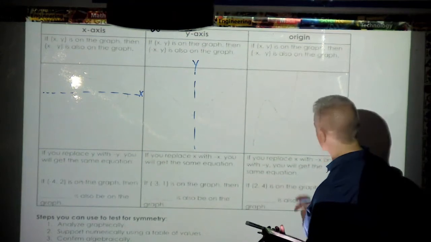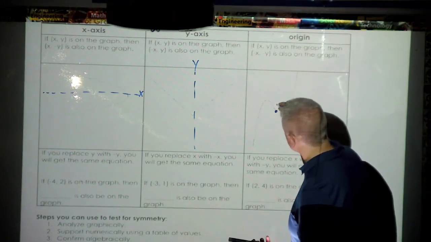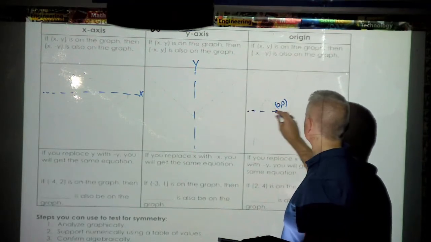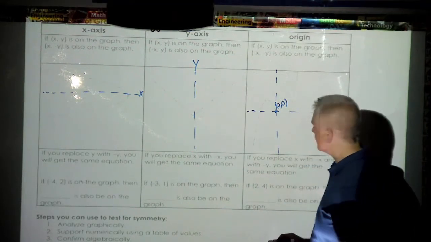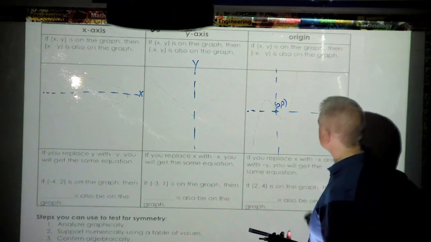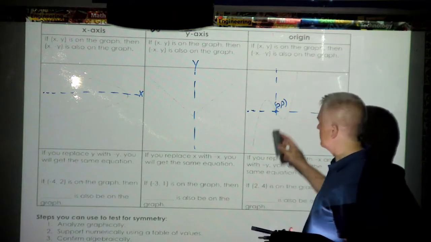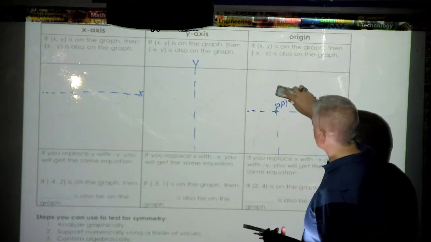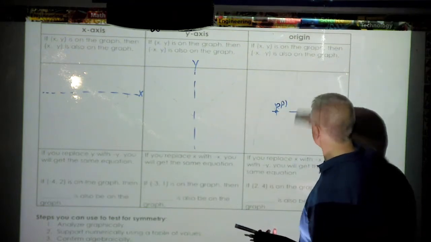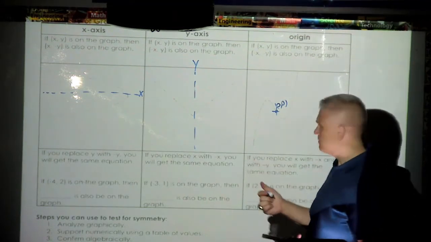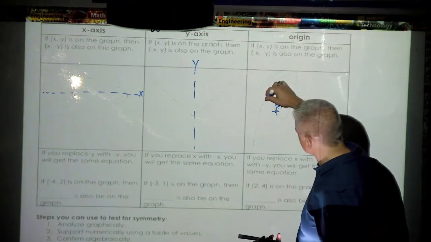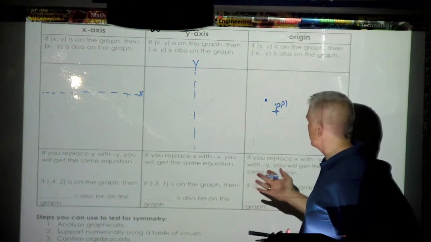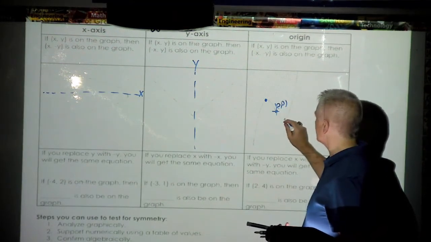The other one that's kind of cool, this is the origin right here, 0, 0. On your papers, you can see that that's actually a grid. If it's symmetric to the origin, it's actually rotationally symmetric because you're not going to fold anything. But visually, if there is one point on the left of the origin, it has a mirror image point.